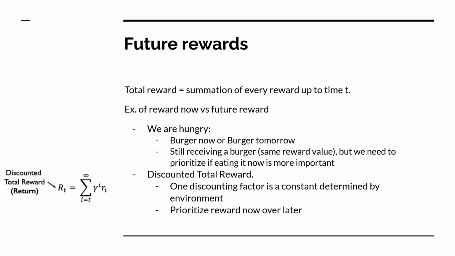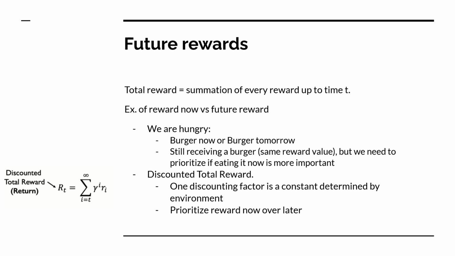For example, that hungry example that I gave earlier, right? We can either choose to eat the burger now, or we can choose to eat the burger tomorrow. But we're hungry now, right? At the end of the day, the actual reward itself is the same. We're eating a burger, but we have to prioritize eating the burger now, right? Because if we're hungry now, we have to eat now.